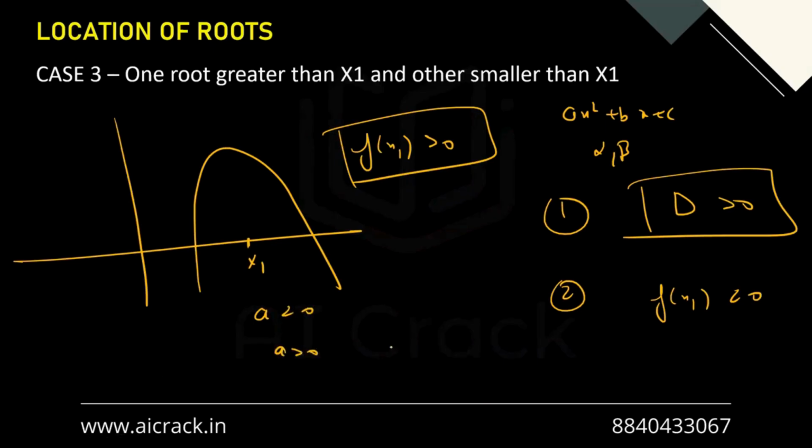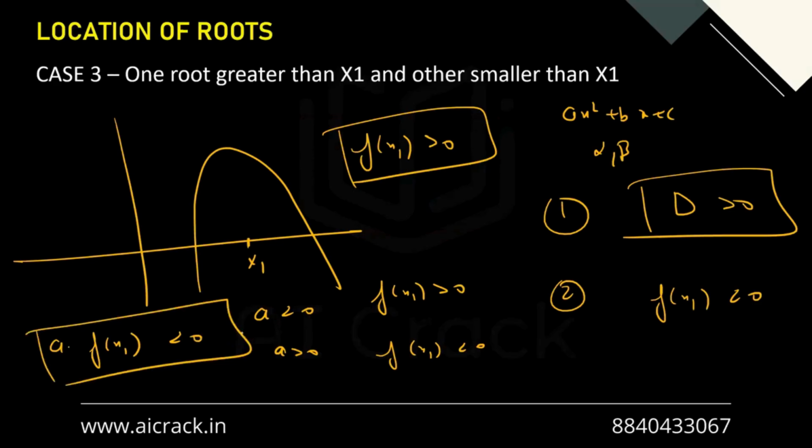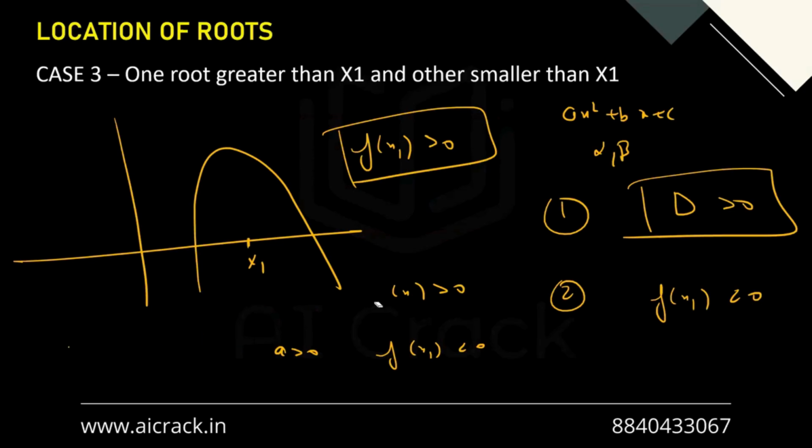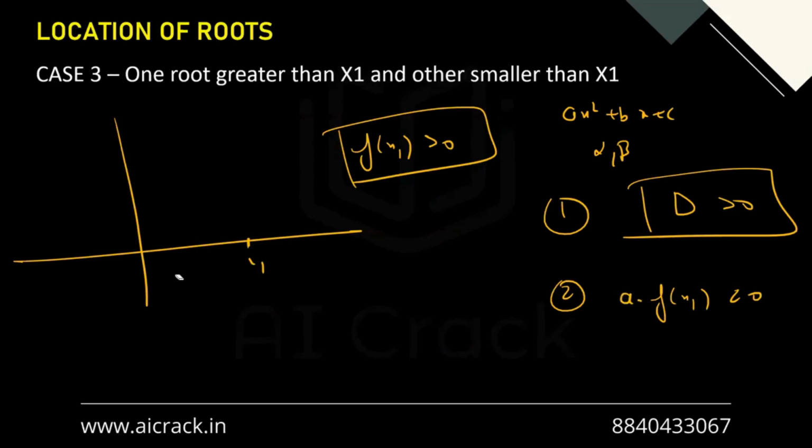So when a was positive, f of x1 was less than 0. When a is negative, f of x1 is positive, right? So what do we do? a dot f of x1, that should be negative, right? That would incorporate both these types of parabolas. So our second major condition would actually be a dot f of x1 should be less than 0, right?